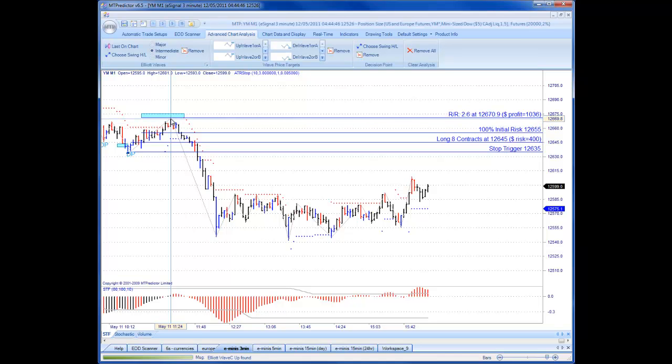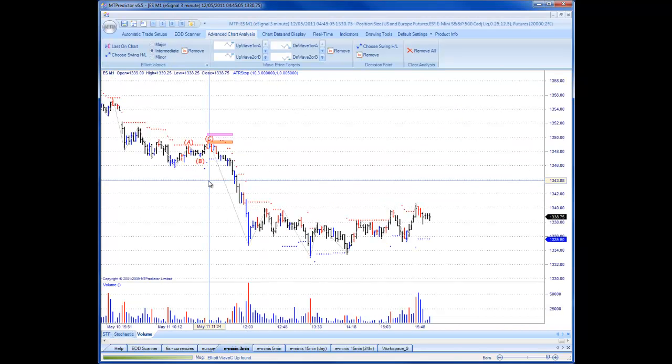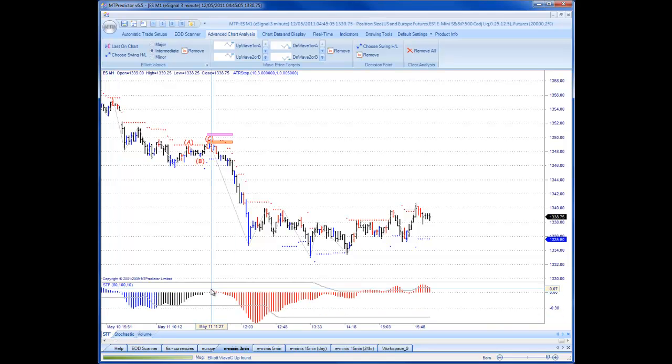So we were anticipating a high on the YM at exactly the same time as an ABC correction was coming in on the ES. So advanced traders among you could have said, well, actually the trend is flat to down, and you were thinking that the high was coming in.